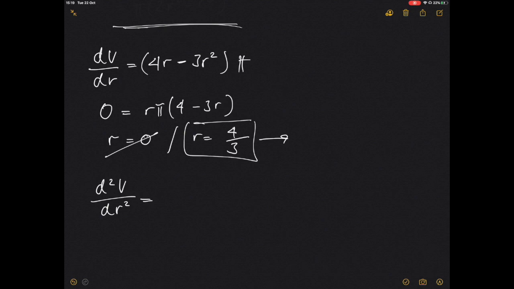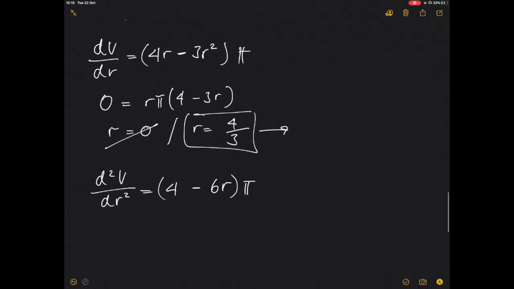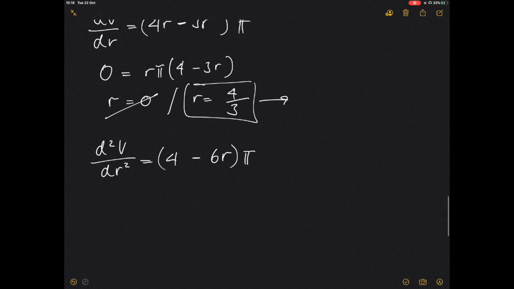That would be equal to 4 minus 6r, still keeping the pi. We're forgetting about the pi because we're actually solving for r now, and this would equal 4 minus 6r.